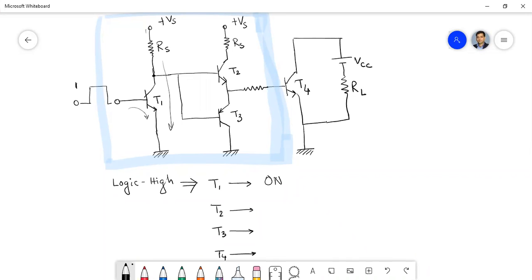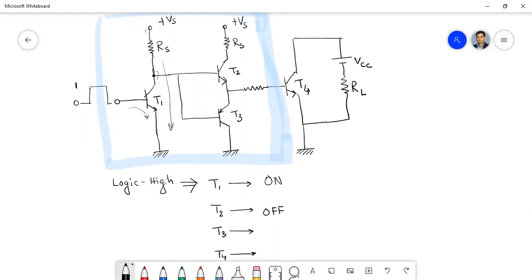So we can say that this point is almost at ground potential or very low potential. That is not sufficient to drive the T2 transistor, so the T2 transistor will be off in that state.